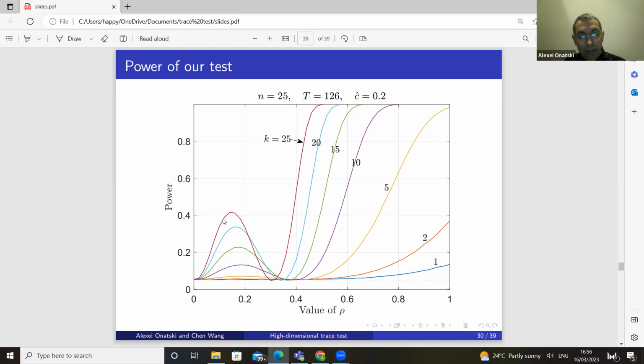The test power increases, then decreases back to the size, and then goes to 1. And the power also depends on how many co-integrating relationships we have. If there are as many as the number of series, then the power increases to 1 pretty fast. But if there is only 1, the power is not very good.